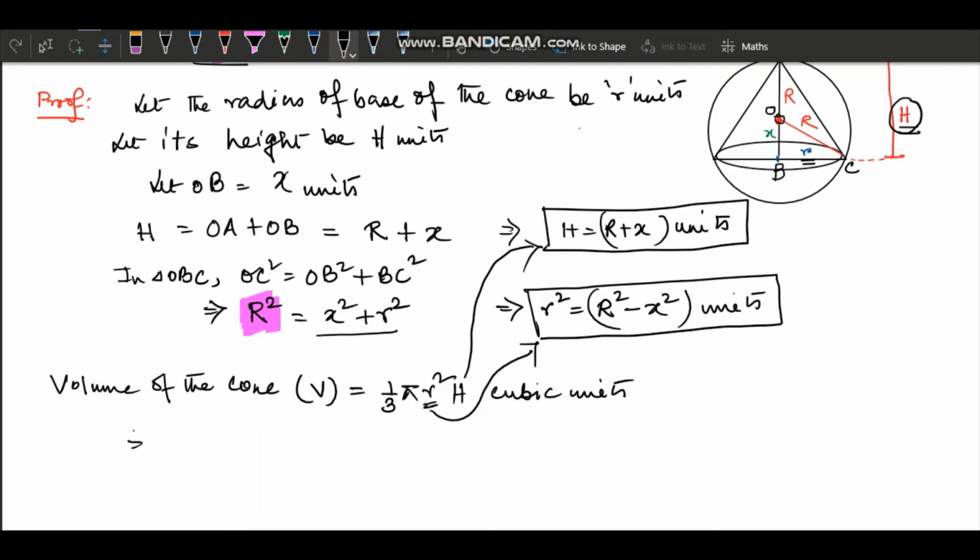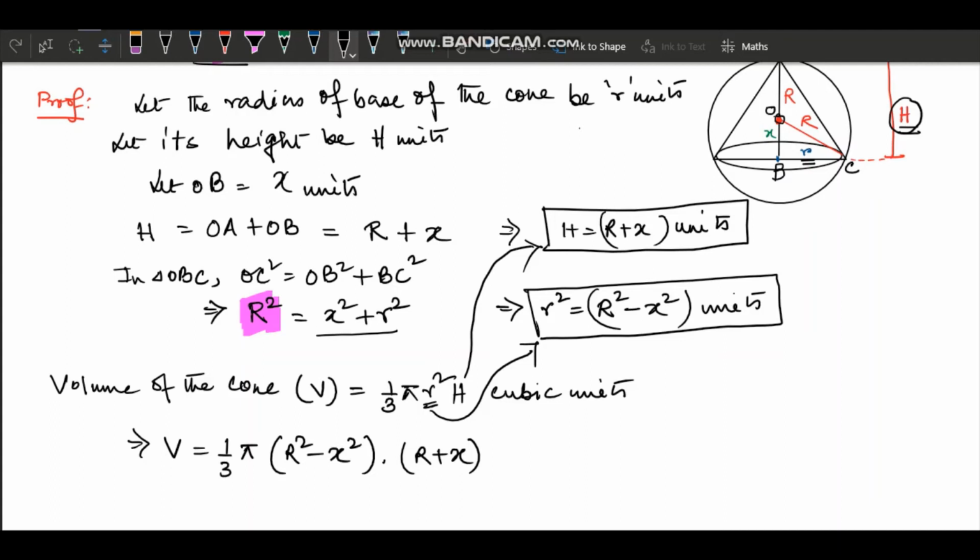So ultimately V becomes an expression where the only independent variable is x. So we can write V as 1/3 pi into capital R square minus x square, and in place of h we can write R plus x. Clear?